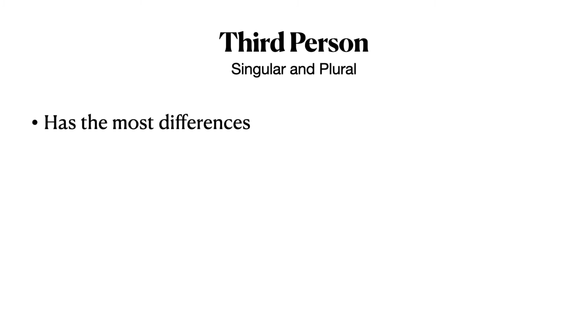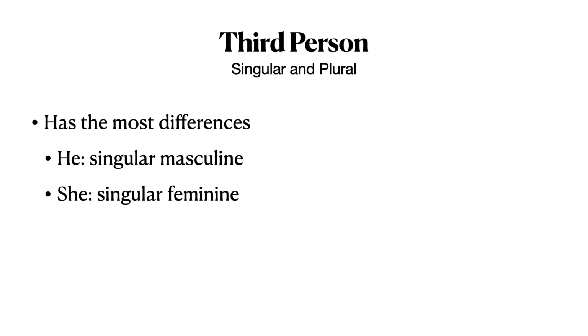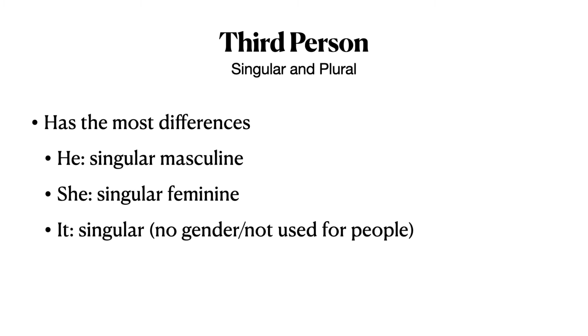The third person has the most differences. So he is the singular masculine. She is the singular feminine. And it is singular.